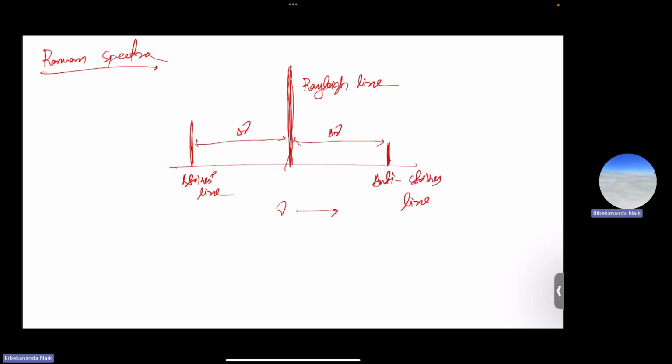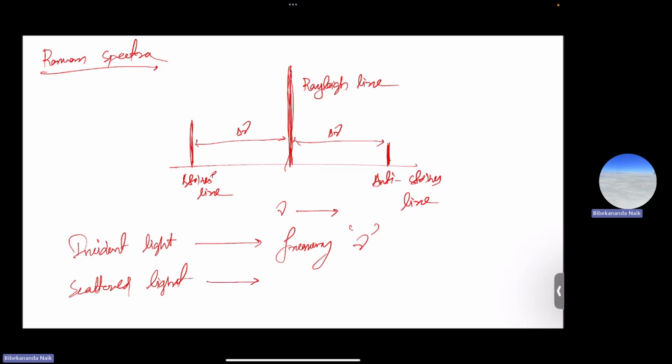If the frequency of the incident light is nu, and the scattered light has the frequency nu prime, then nu prime will be nu minus delta nu.